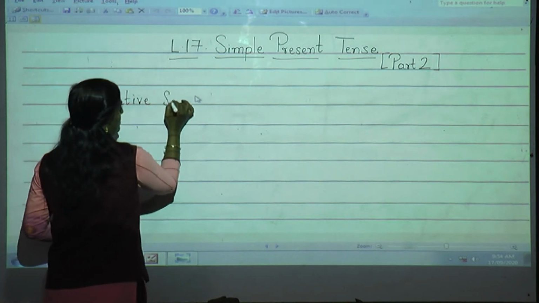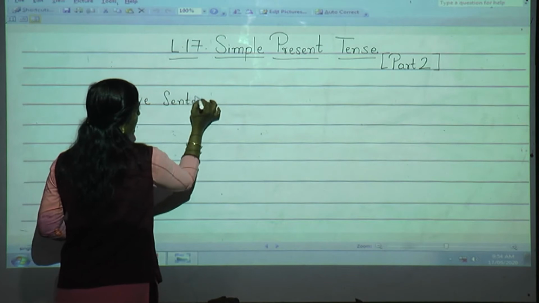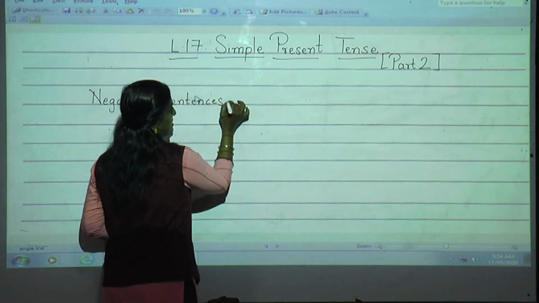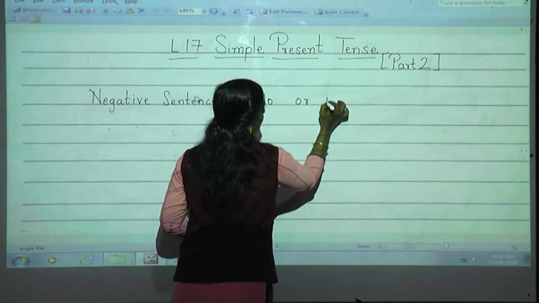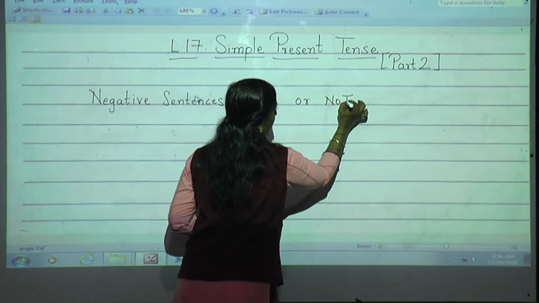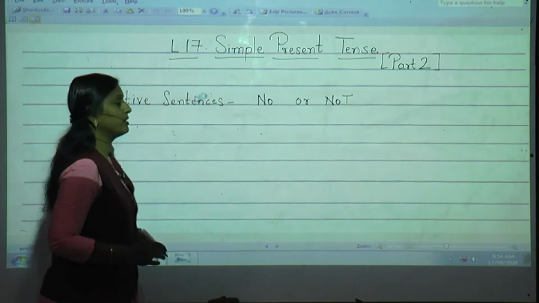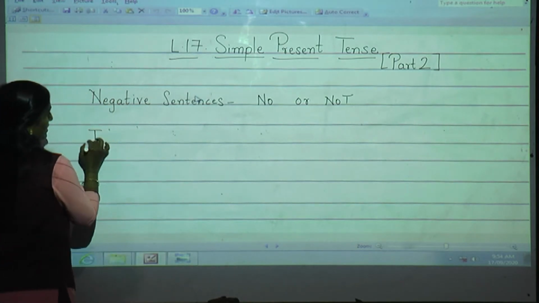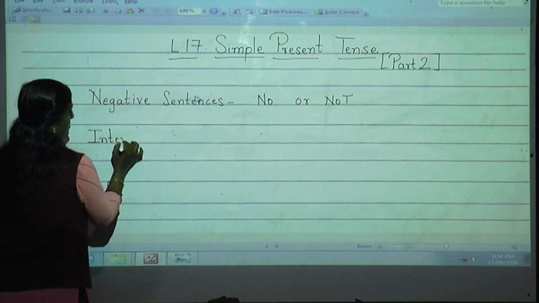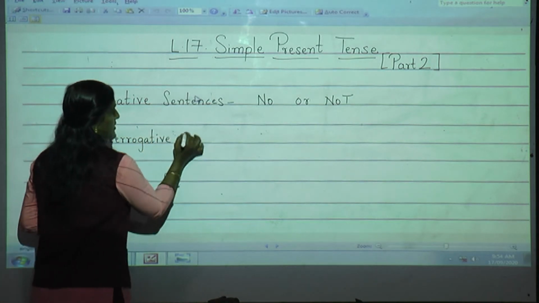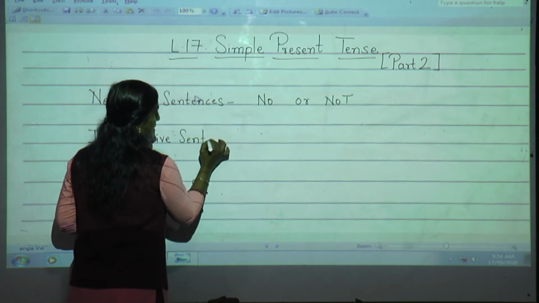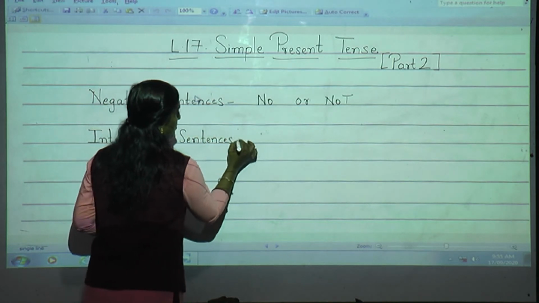Now what is a negative sentence? You know that. When the sentence has the word no or not. And one more thing we are going to learn, what is that? Interrogative sentence in simple present tense. Now what is an interrogative sentence? Both these we have learned in the first term.